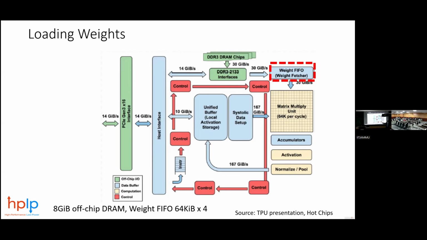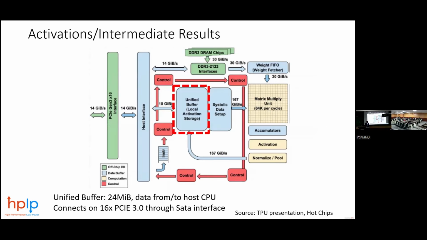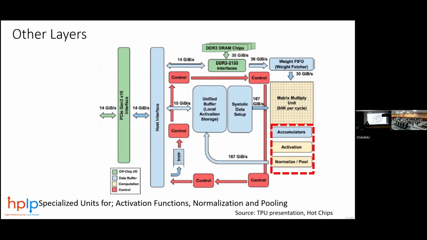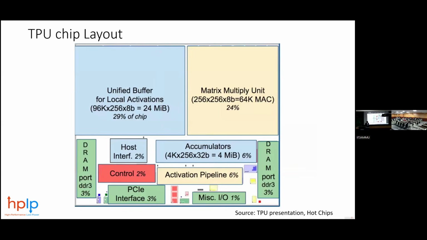So this becomes a software issue: how do you do this so that all these units are always doing useful computation? Again, activations, we already talked about it. I'm not going to spend time. Again, there are some specialized functions that you need to do.